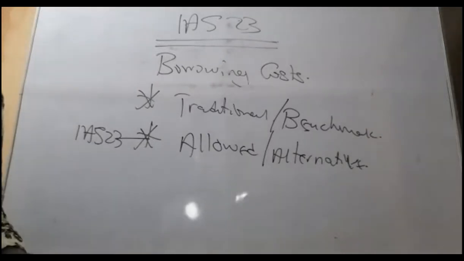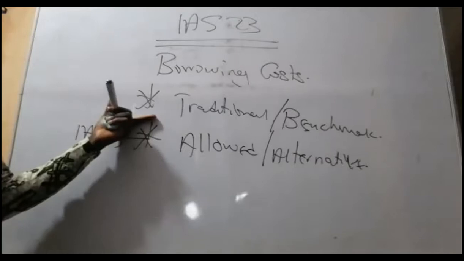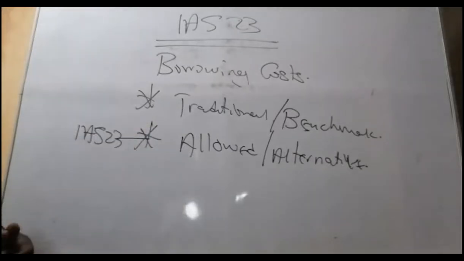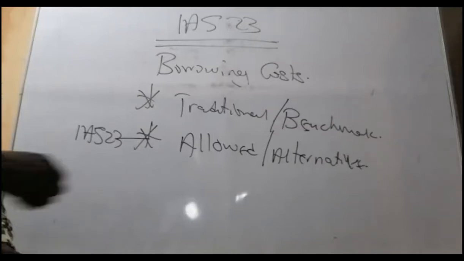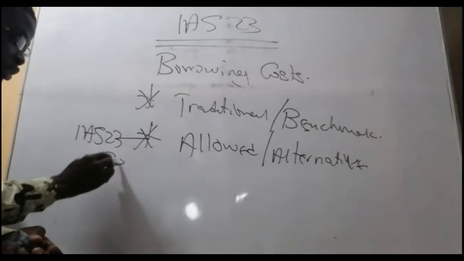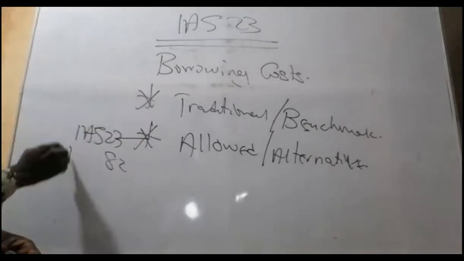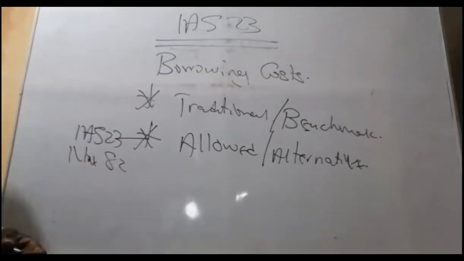You are done. That's the traditional treatment. Then something happened in 1982 where they issued a draft version of IAS 23, in November 1982. Please, you don't need to know all the dates. The date is not part of the game.